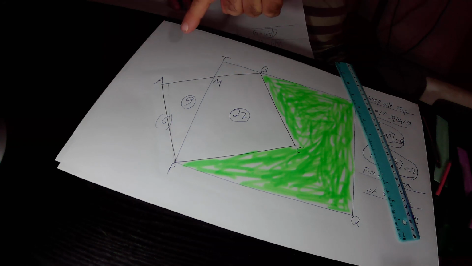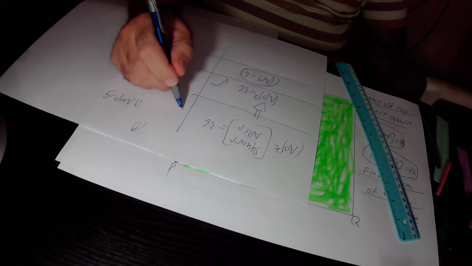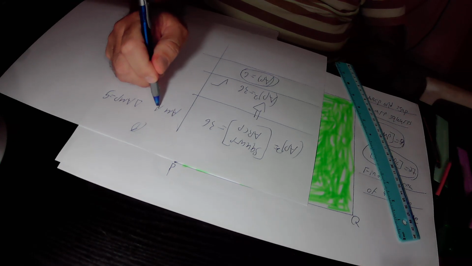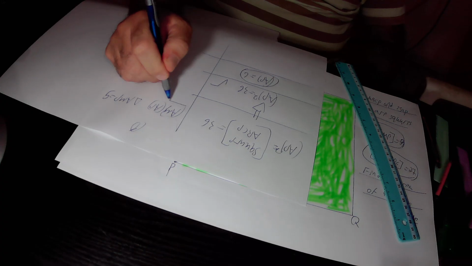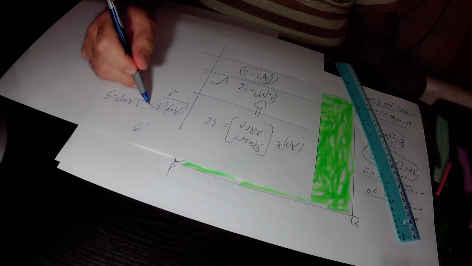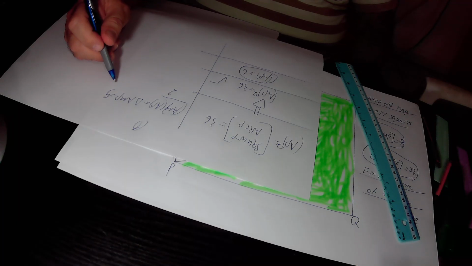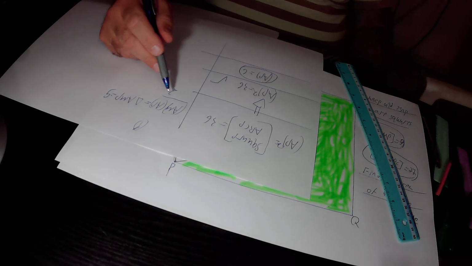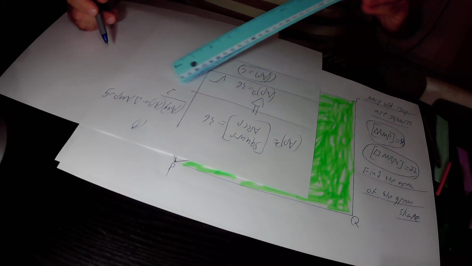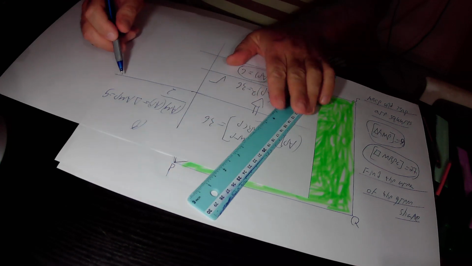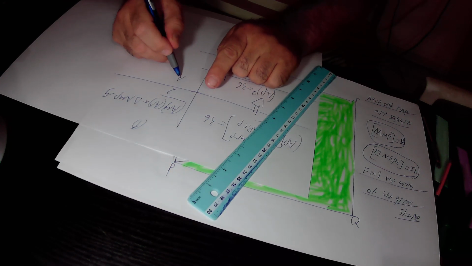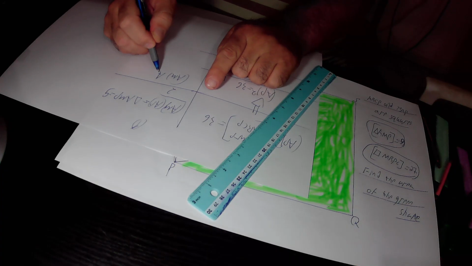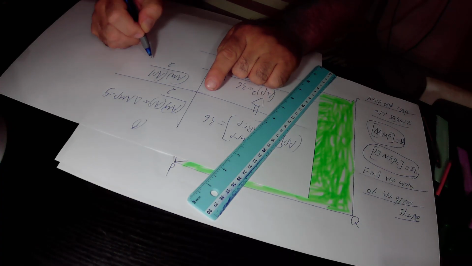Therefore, the area of this triangle AMP will be equal to the base AM times the height AP over 2. From this equation, we derive that AM times AP over 2 equals 9.